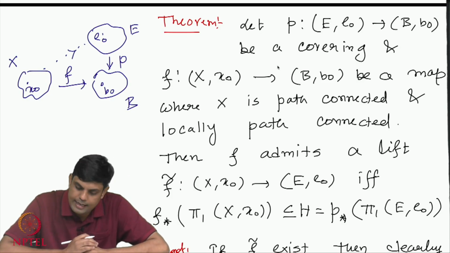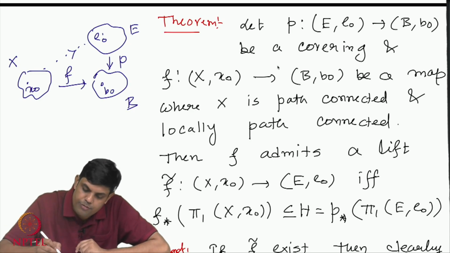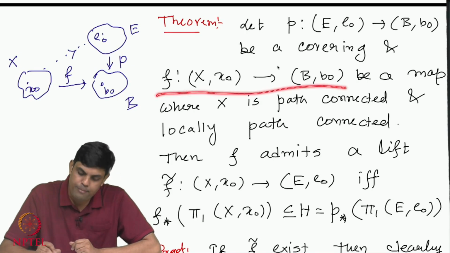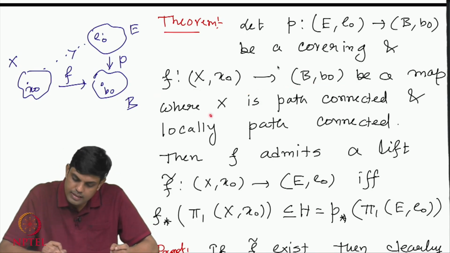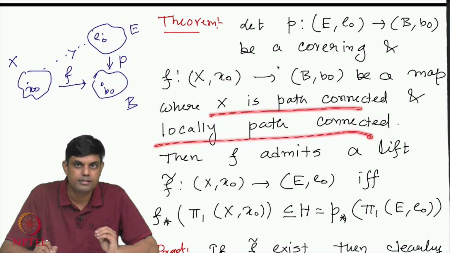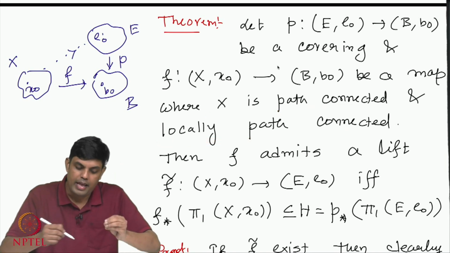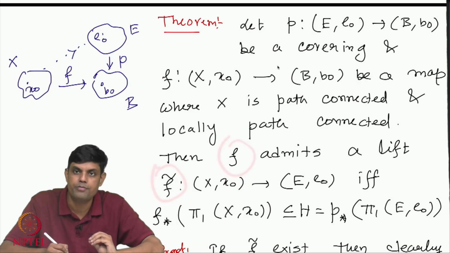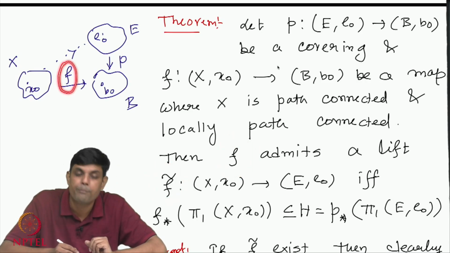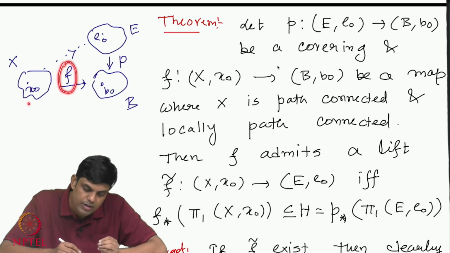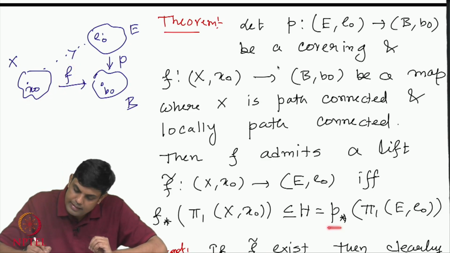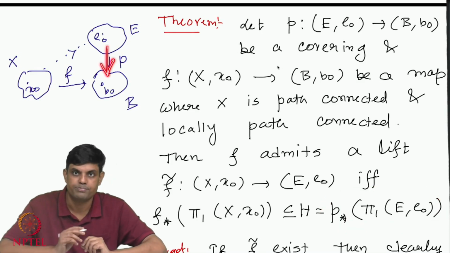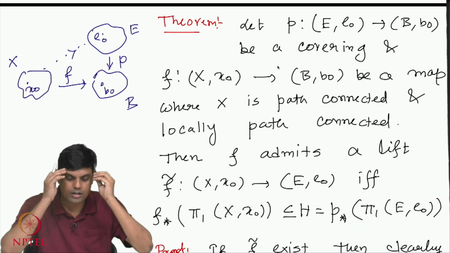The theorem states that if P is a covering space and F is any map from a path connected and locally path connected space, then F admits a lift F tilde if and only if the induced map by F in the fundamental group lies exactly inside the image of the fundamental group induced by P.